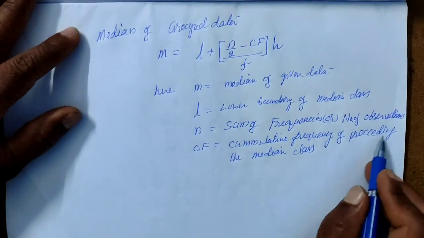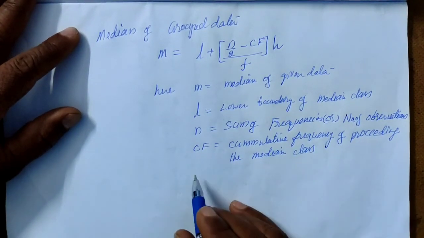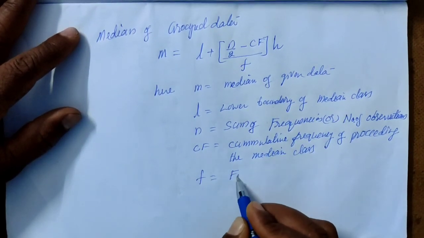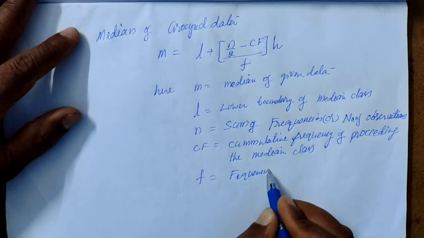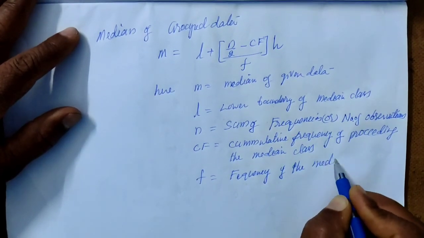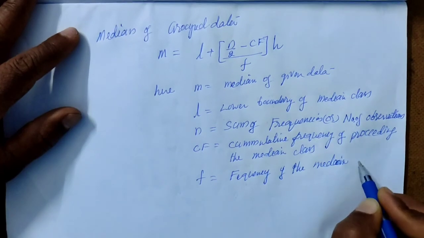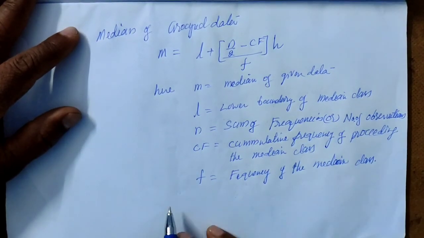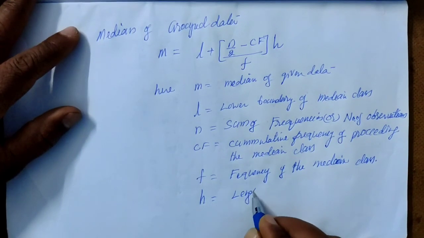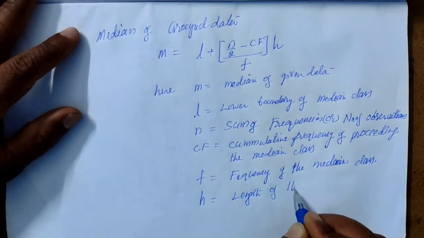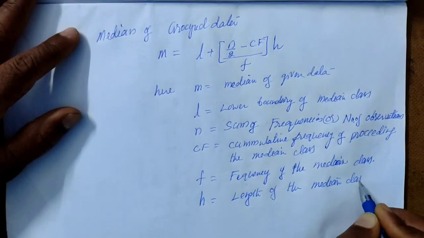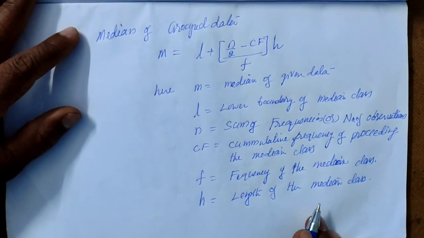F is the frequency of the median class, and H is the length of the median class. Okay.